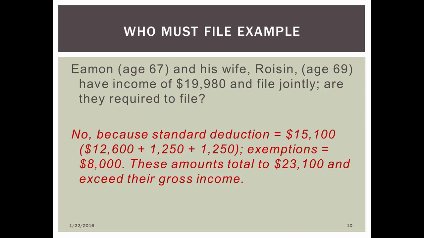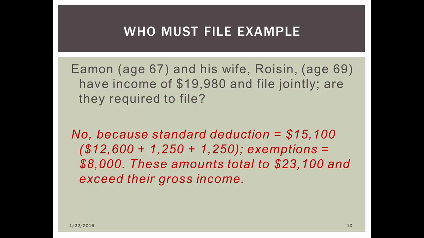Let's first look at it by calculating it out ourselves without the chart. Their standard deduction is $15,100, which is $12,600 for the regular standard deduction for married filing jointly. We're going to add $1,250 for Eamon being over 65 and $1,250 for Rosen being over 65.